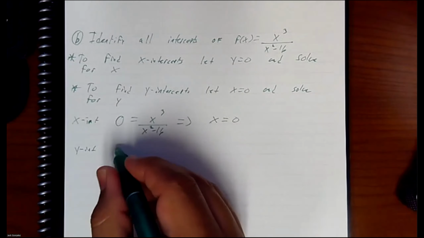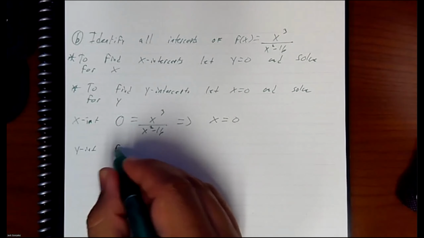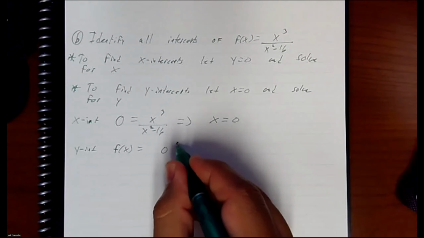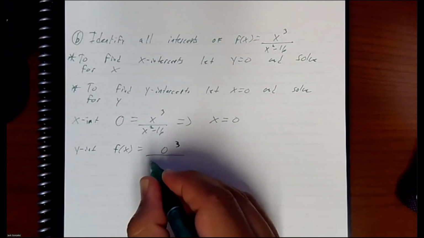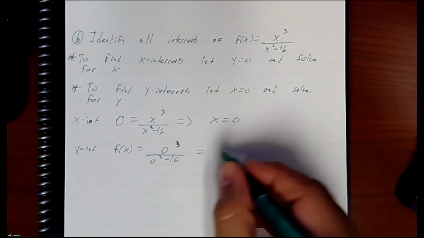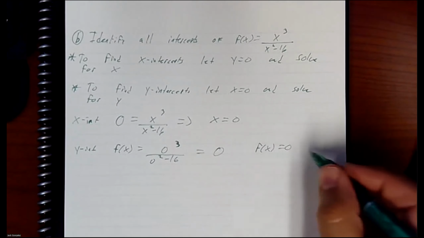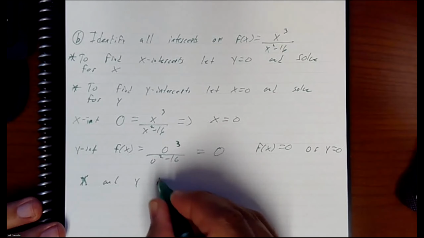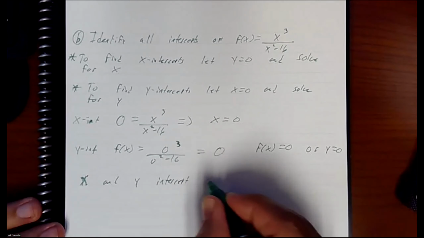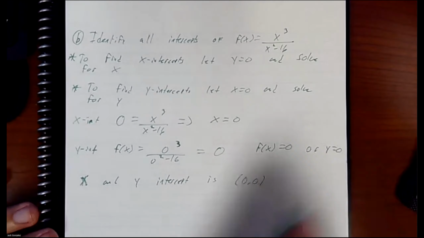Y-intercept: plug in 0 for every x. In this case, it turns out to be 0, so f of x is 0, or y is 0, same thing. There's your intercepts. Turns out the intercept is 0, 0.